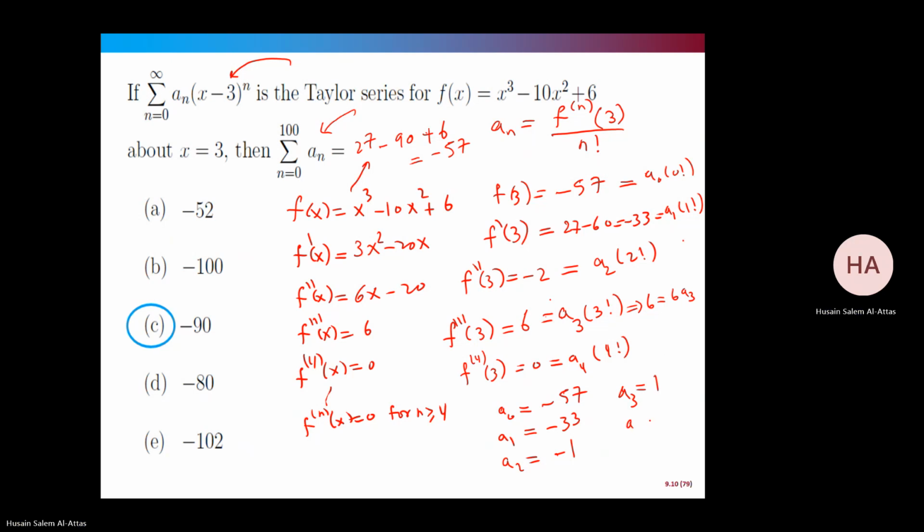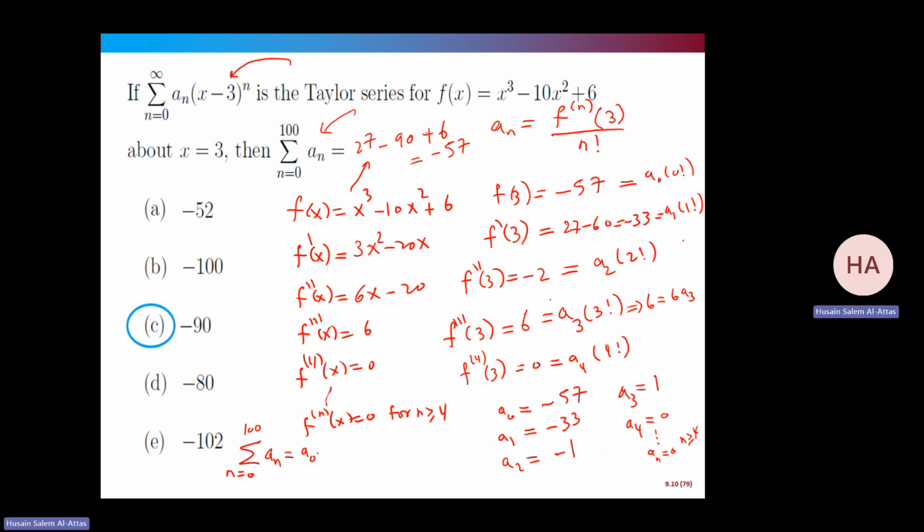A4 will be 0. And the rest, for n greater than or equal to 4. Now, what will be this summation then? It will be the sum of an.